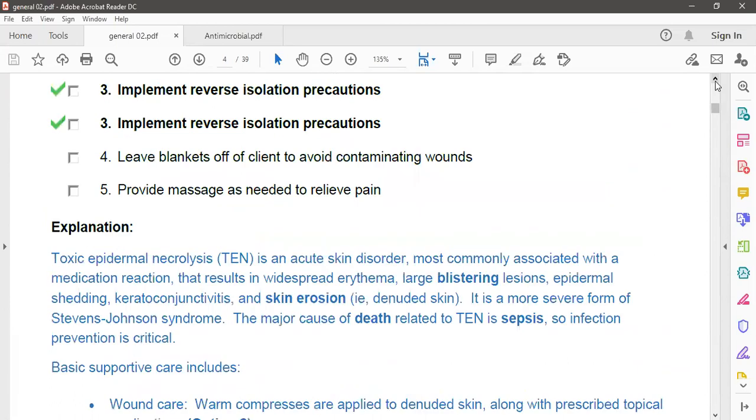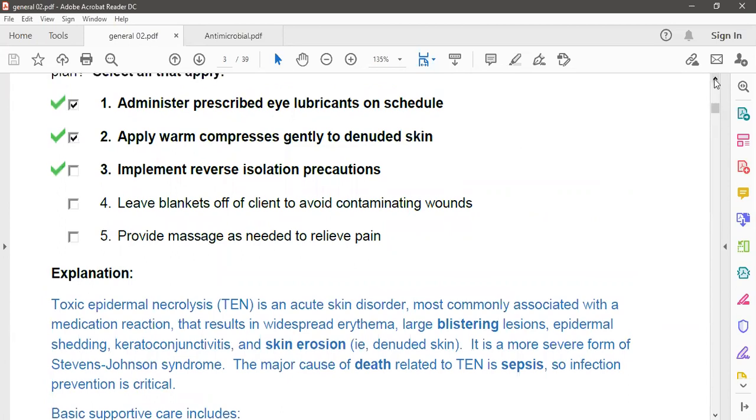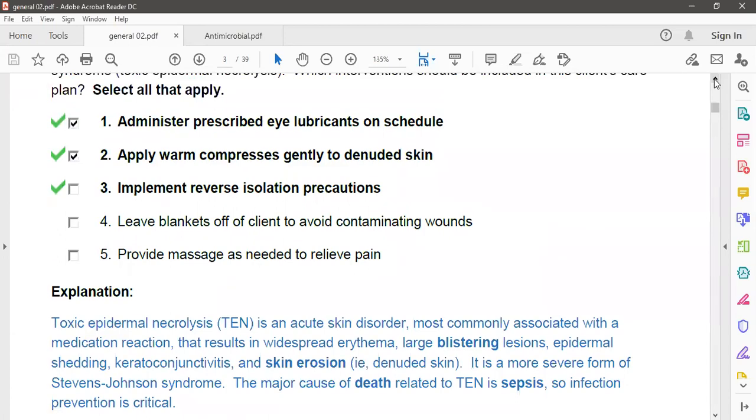And what next? They said apply warm compresses gently. Also implement reverse isolation precautions. Why isolate? If another patient has an infection, that infection easily spreads to the toxic epidermal necrolysis patient.